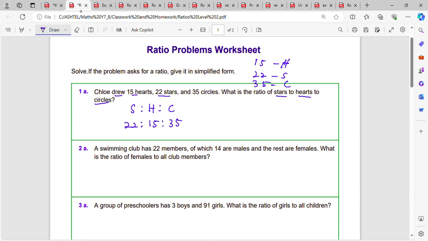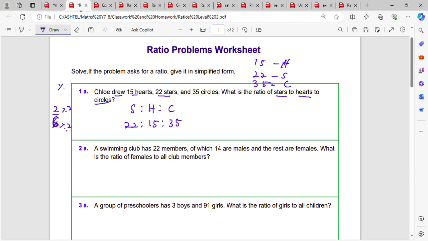Okay, how do you simplify? Like fractions, I have explained previously, you need to make sure that when you simplify by dividing with certain numbers, let's say you have 2 over 6. You can divide by 2. Once you divide the top by 2, the bottom should also be divided by 2.